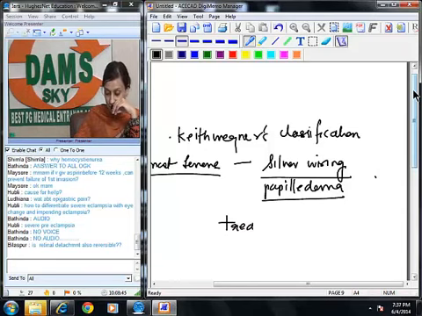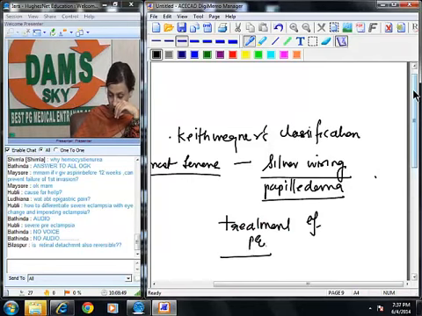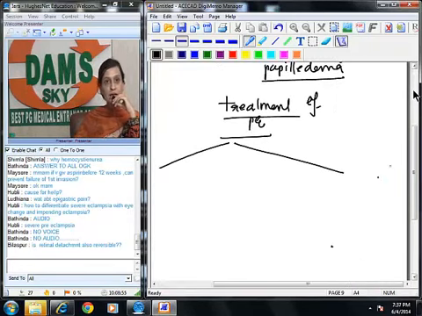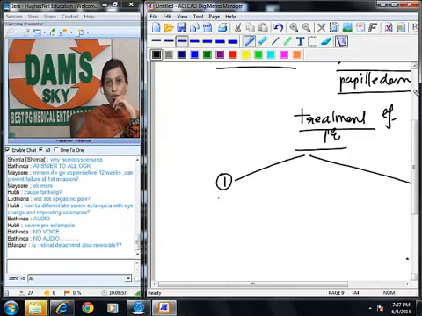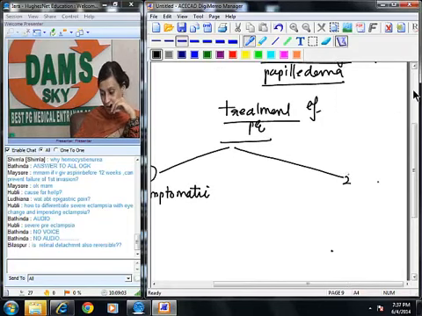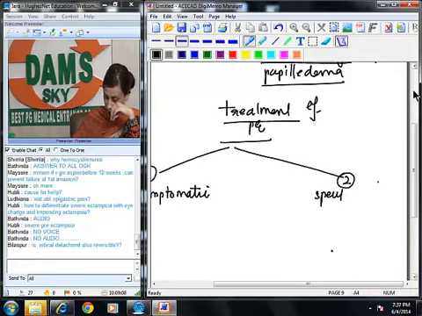Now, if you talk about the treatment of preeclampsia, there can be two kinds of treatments. The first is symptomatic, and the second is one which is specific to preeclampsia.